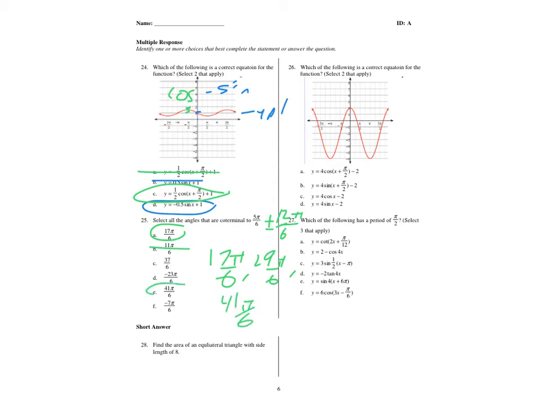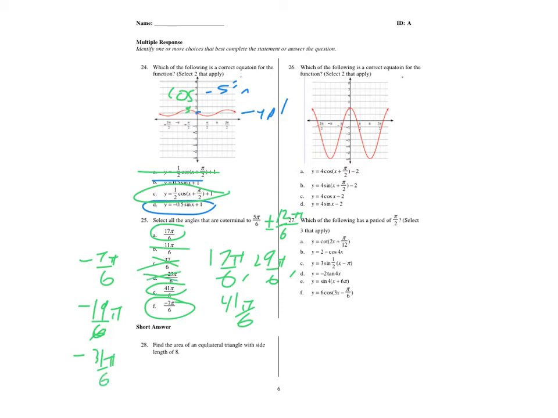So this one is good as well. That one doesn't even have a pi, so that one's no good. But what if I subtracted it? Well, I would get negative 7 pi over 6 on my first try. So there you go for F. And if I subtract it again, I would get negative 19 pi over 6. And if I did it again, I'll get negative 31 pi over 6, so not D.